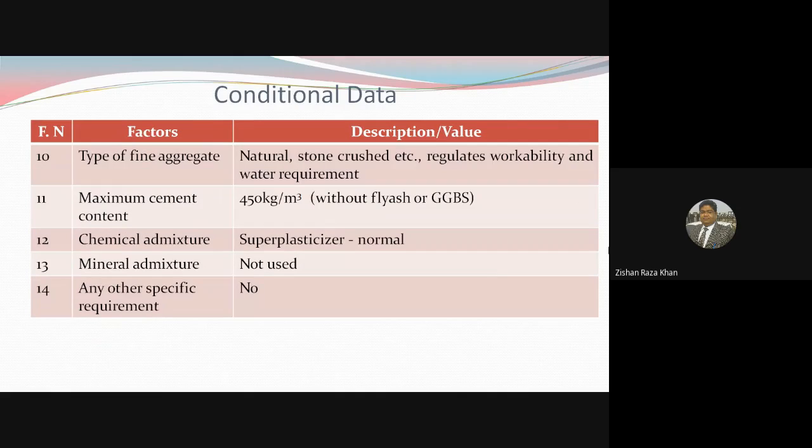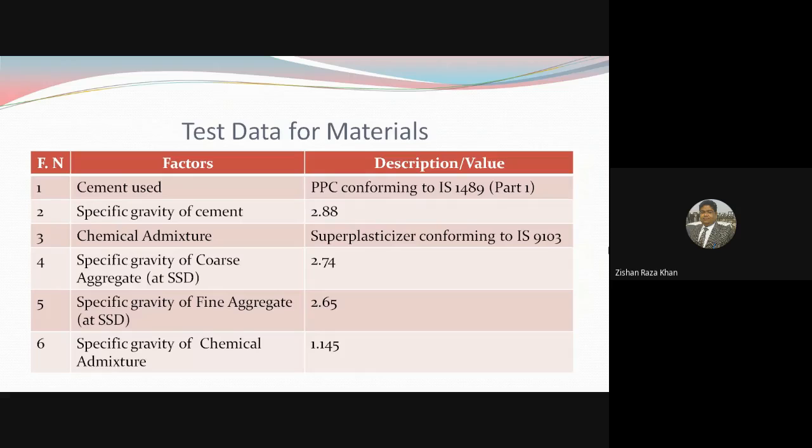Type of fine aggregate is natural fine aggregate. Maximum cement content is already 450 kg. The chemical admixture being used is superplasticizer, and mineral admixture is not used, or any other specification is not mentioned here.